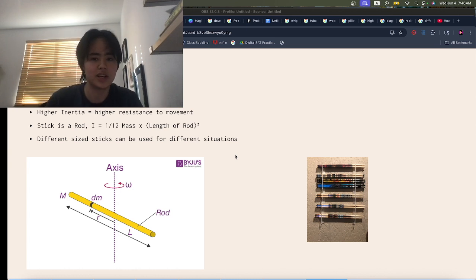So drummers like to use different sticks for different situations. If we have a more technical piece, we will use a smaller and lighter stick to have less resistance and less work from our hands to move the stick, so we can play more complicated beats easier. And then if we have a piece where we need really loud movements, then we'll use a bigger stick.